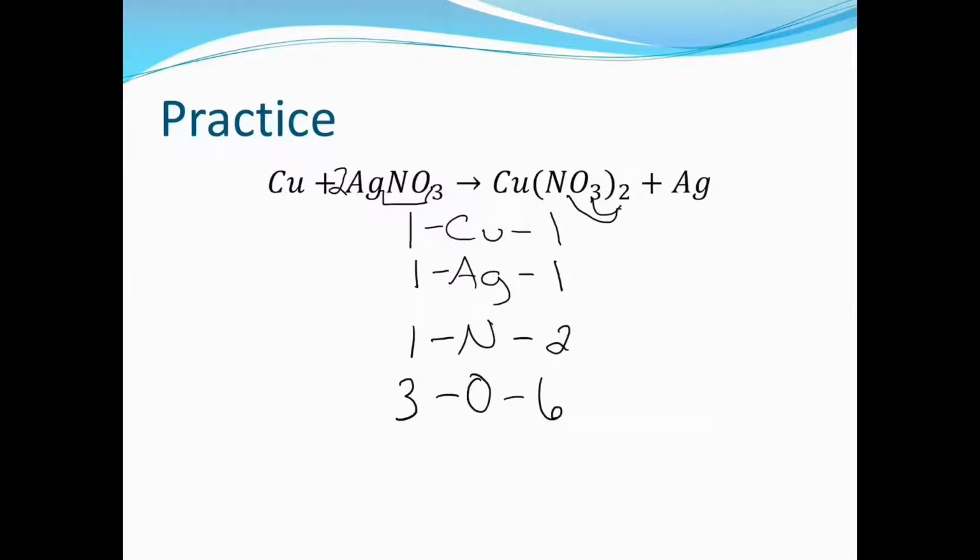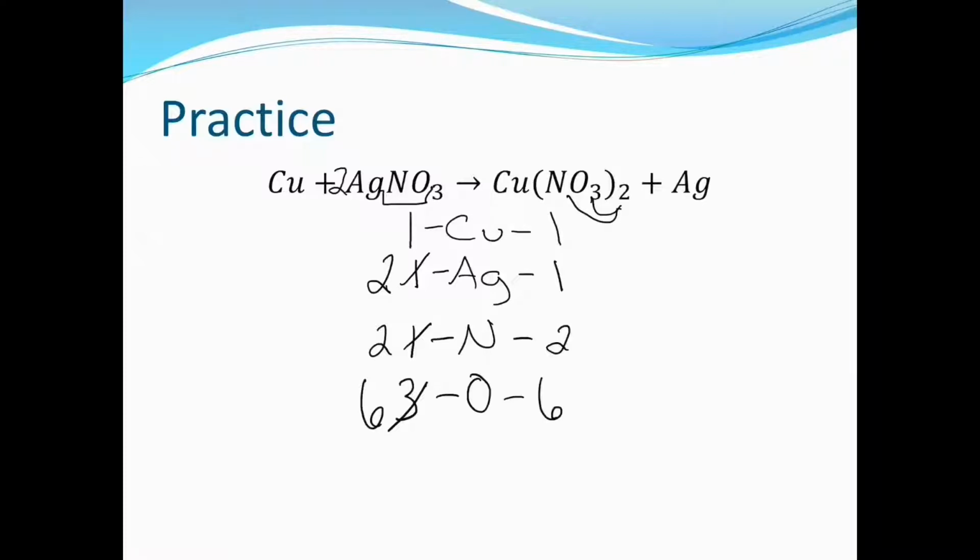So if we put that 2 there, that changes our nitrogen to 2, but it also changes our silver to 2, and now it makes our oxygen 6, because 2 times 3 is 6. Well, looks like that took care of our oxygen for us too. But now our silvers are unbalanced.